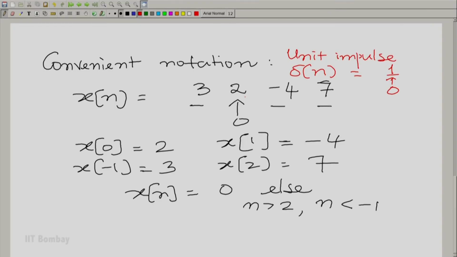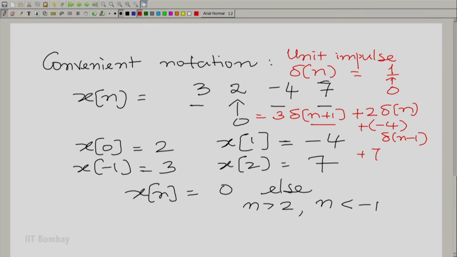Let us go back to the x of n that we have here. Now, this sequence x of n is very easily seen to be 3 times delta n plus 1. Now, delta n plus 1 means the unit impulse shifted backward by one step, plus 2 times delta n, plus minus 4 times delta n minus 1, plus 7 times delta n minus 2.